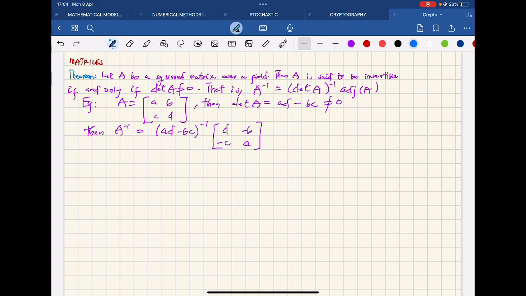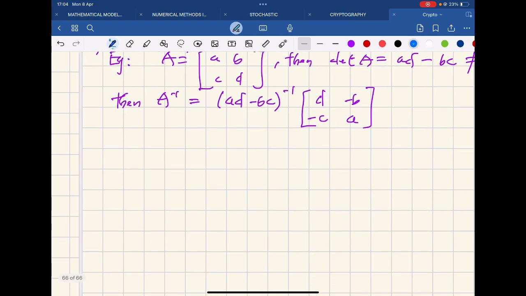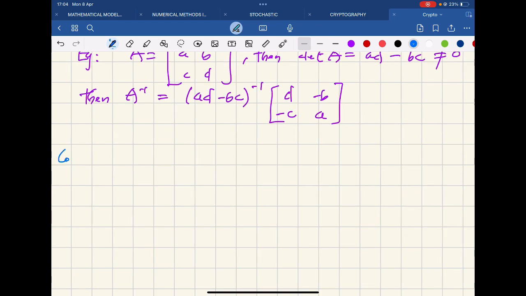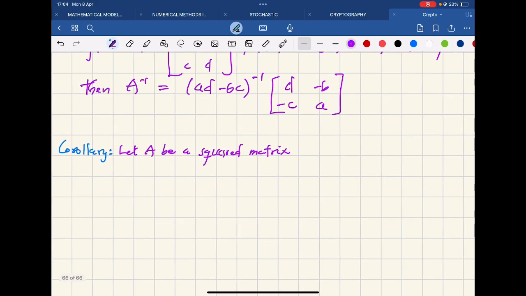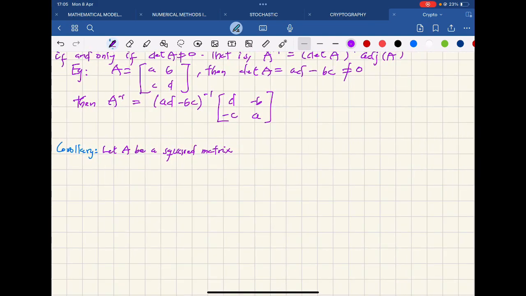Now let's look at a corollary. Let A be a square matrix over a commutative ring Zn.